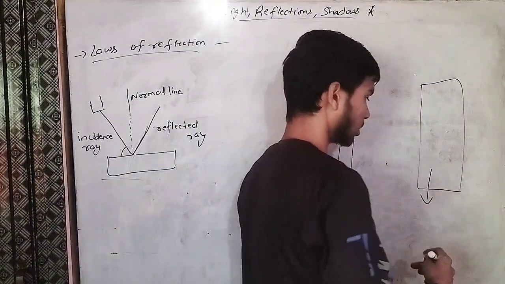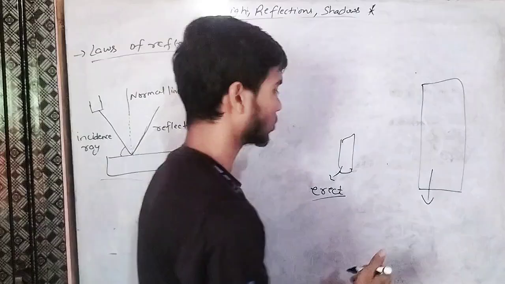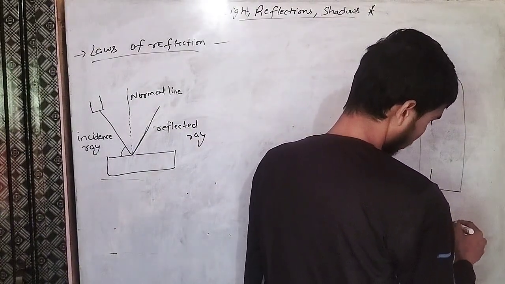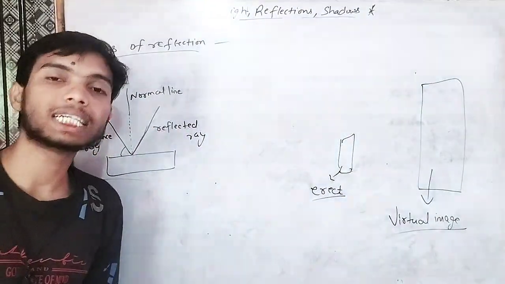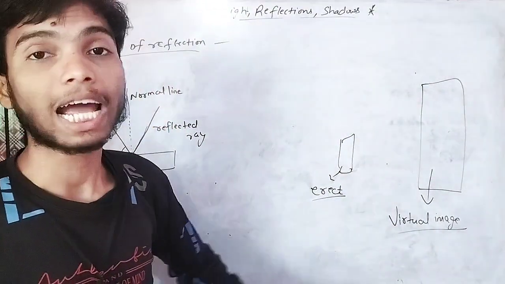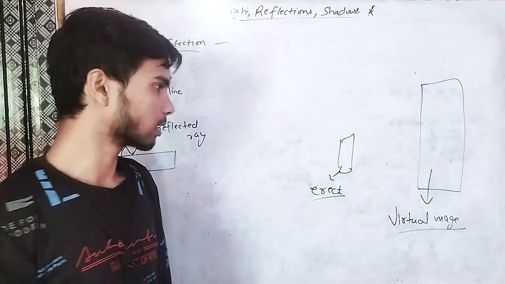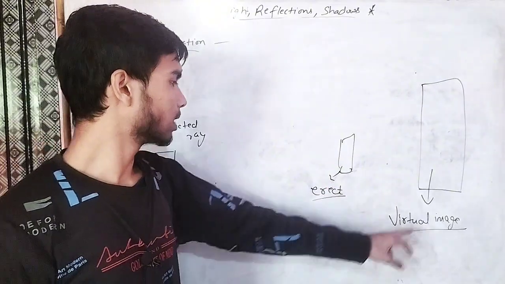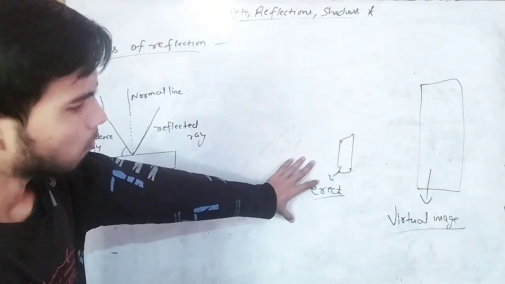This image behind the mirror is known as a virtual image, because this type of image that is behind the mirror cannot be projected on a screen. That's why it is named virtual image. Got it?